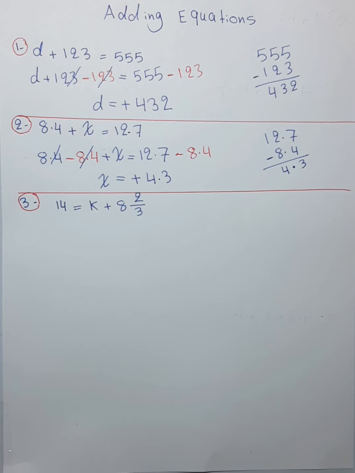Example number 3, we have 14 equal to k plus 8 and 2 out of 3. We have to take the inverse of positive 8 and 2 out of 3.